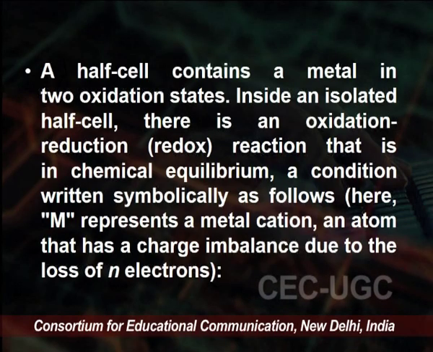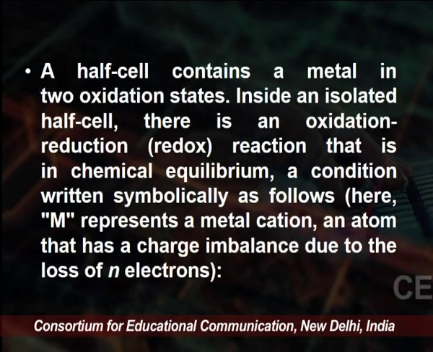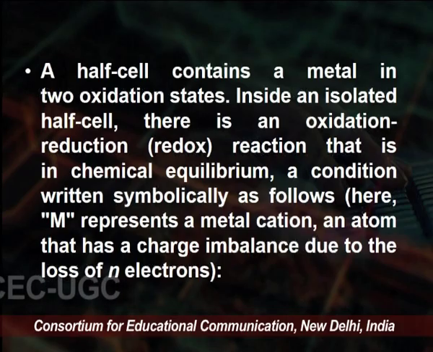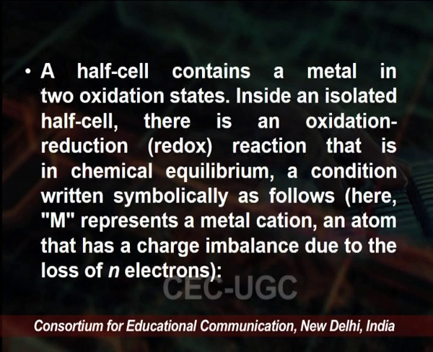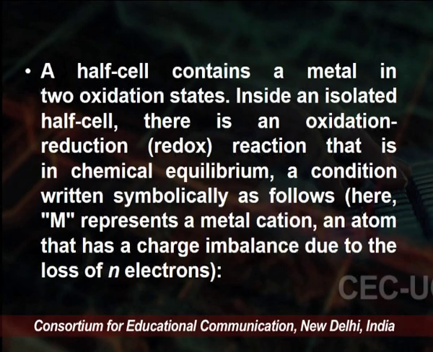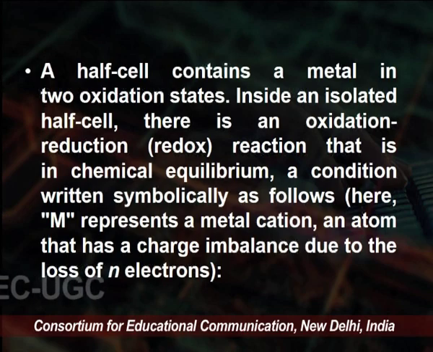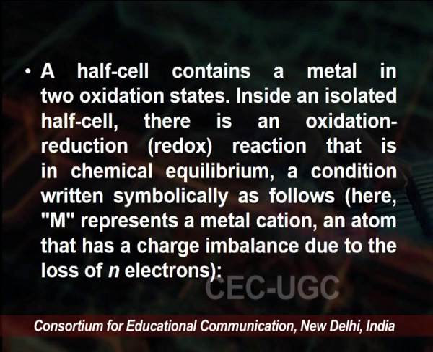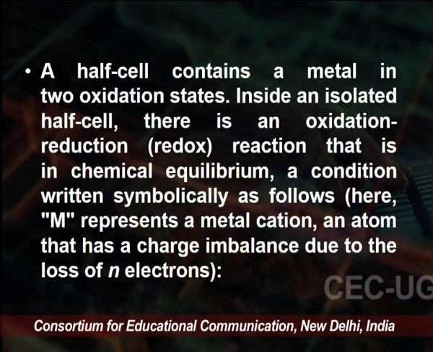Inside the isolated half cell there is an oxidation-reduction reaction, called the redox reaction, because both oxidation and reduction take place. It is written symbolically with M representing the metal in two oxidation states.